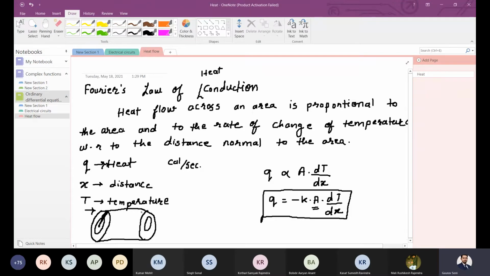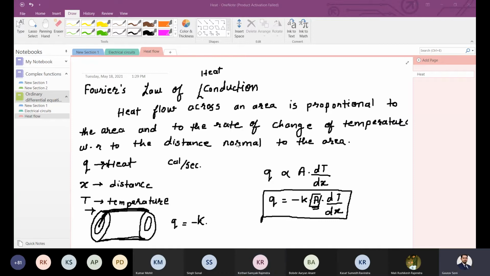When I want to calculate the heat flow, I will have to take this area. What will be the modification in this? Q will be equal to, what is the area for this pipe? This is a cylinder, right? It looks like a cylinder. What is the cross-sectional area for a cylinder? Pi r square. Are you sure? Pi r square?